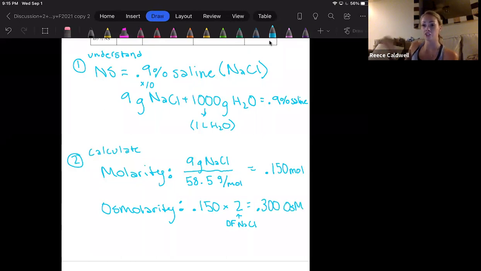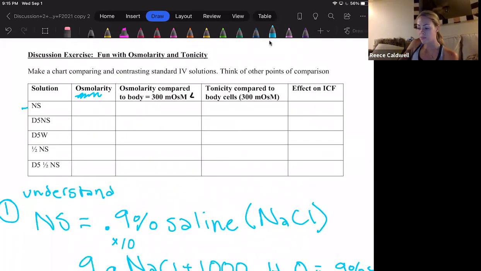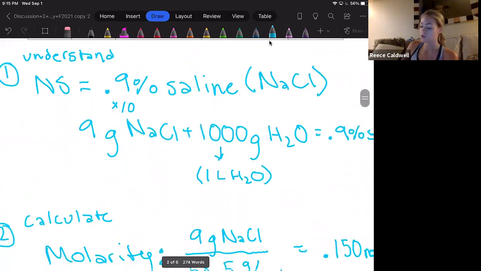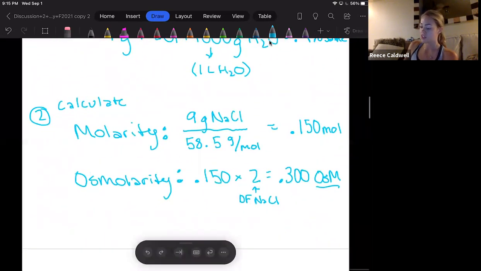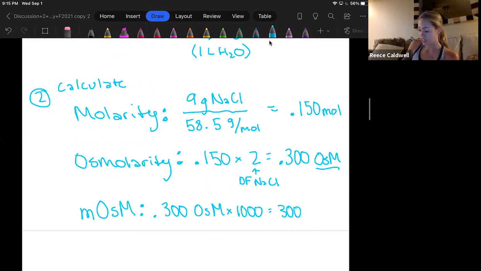So now we are in terms of osmolarity. We are now in osmotic terms. However, we're in osmoles, and we see that we're going to be comparing to milliosmoles. So we need to convert those osmoles into milliosmoles, and this is a very simple thing to do. We just take that 0.300 osmoles, multiply it by 1,000, and we will get 300 milliosmoles.